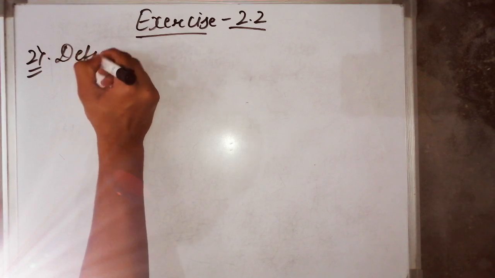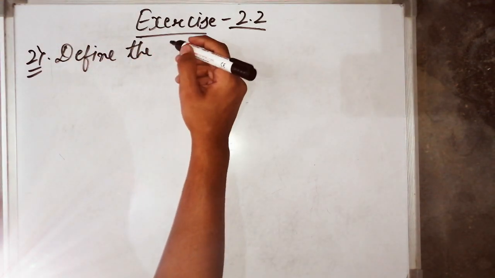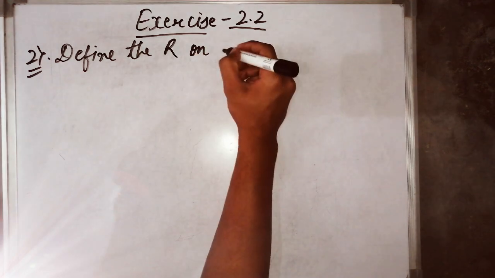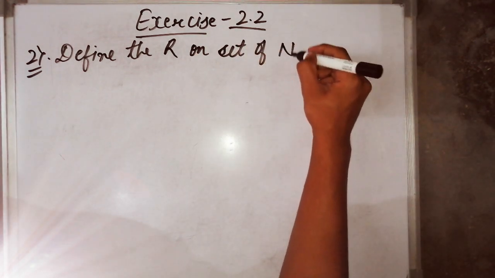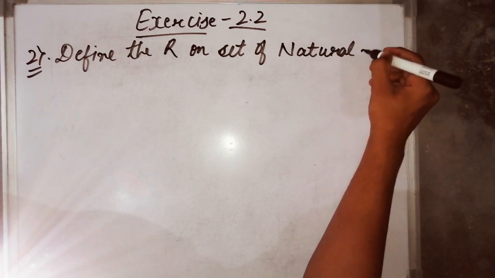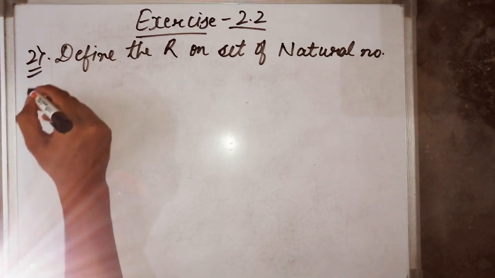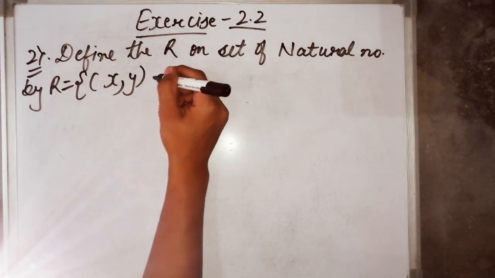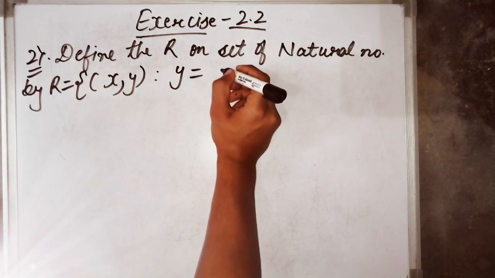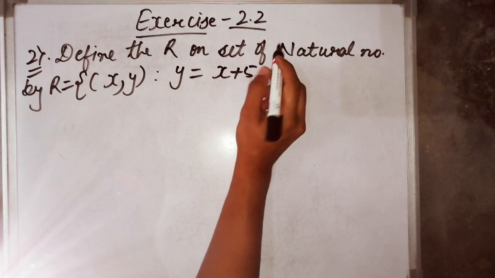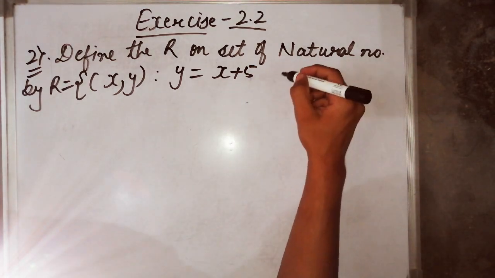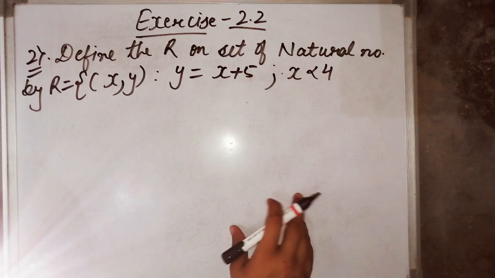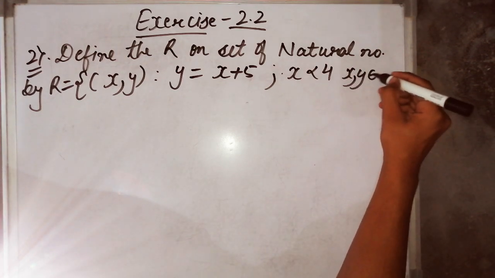Let me write down the question. Define the relation, I'm writing R for the relation, on the set of natural numbers by R equals to x is related to y such that y is equal to x plus 5, and it is also given that x is a natural number less than 4, and x and y belong to natural numbers.